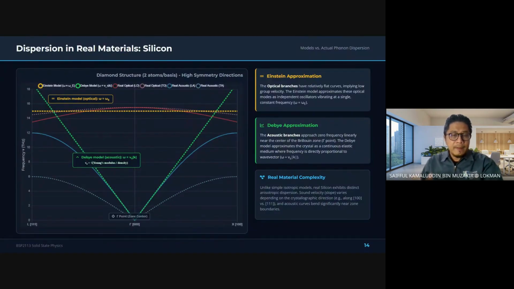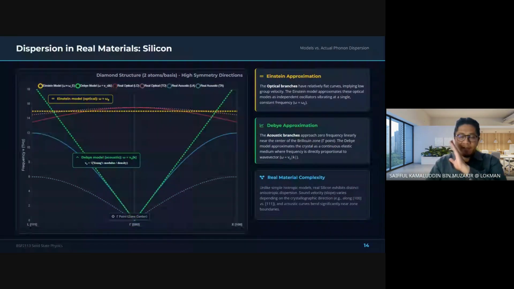Easily, you could identify optical and acoustic behavior. I mark it here. Here is the center, where we have gamma, with coordinates 0, 0, 0. The center of the first Brillouin zone, that is gamma.